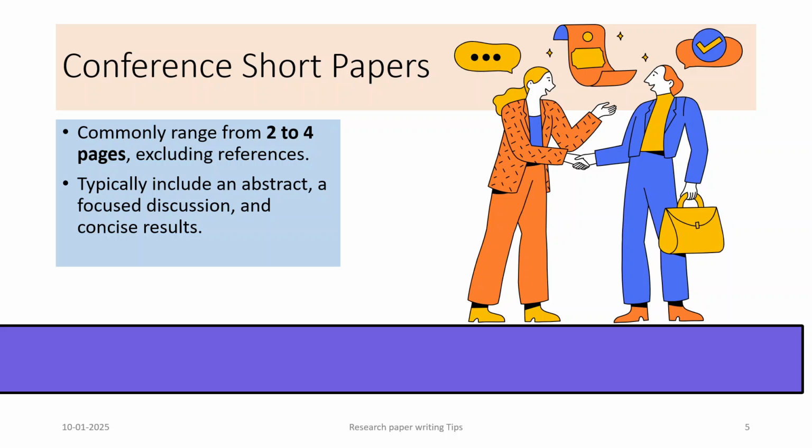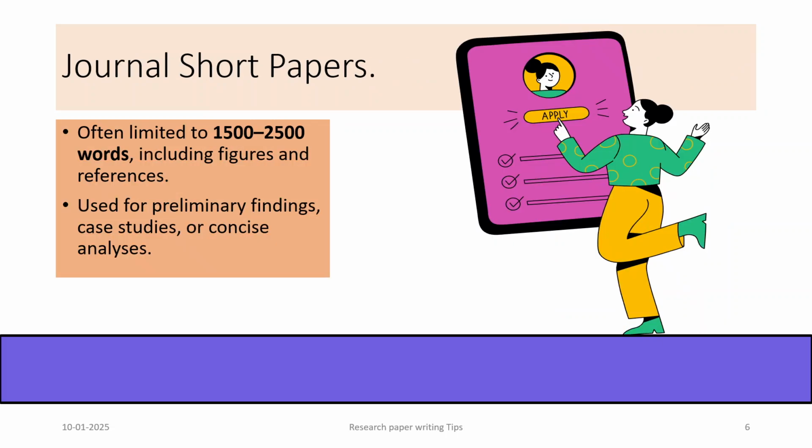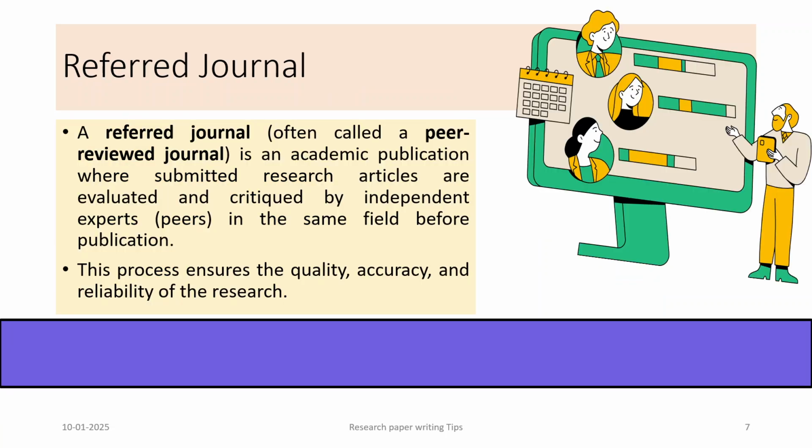These are the things we badly need. Then journal short papers are often limited to 1500 to 2500 words, including figures and references, everything. They are used for preliminary findings, initial findings, some case studies or some concise analysis. These are the things we put in journal short papers.